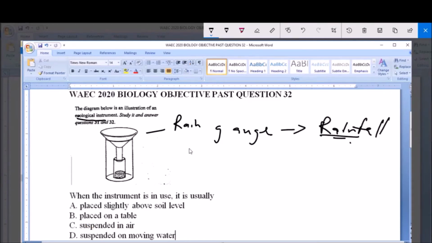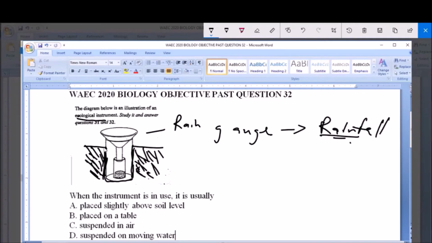Now when it is in use, it is usually placed slightly embedded or buried slightly in the ground. Okay, so this part here is the soil, or the dirt it is buried in, and then you have it something like this.